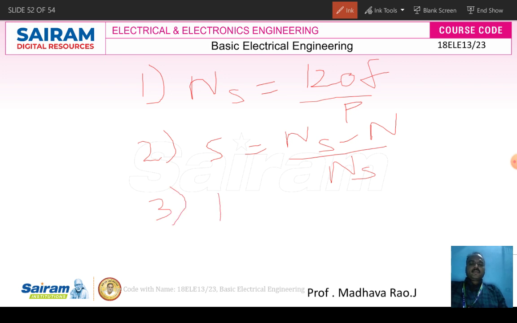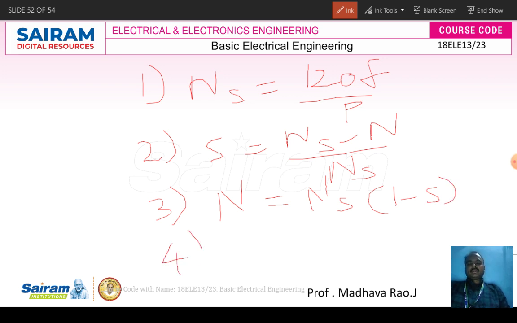Here Ns means synchronous speed, and N means motor speed, or actual speed, or rotor speed. The motor speed is N equal to Ns into 1 minus S.